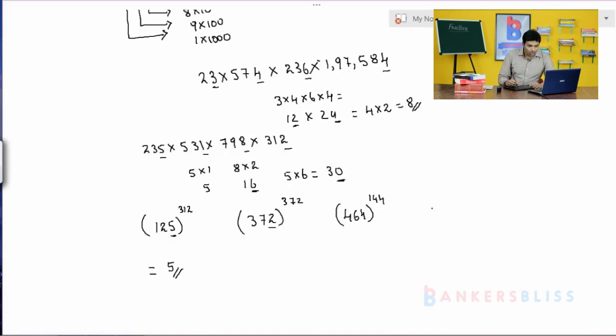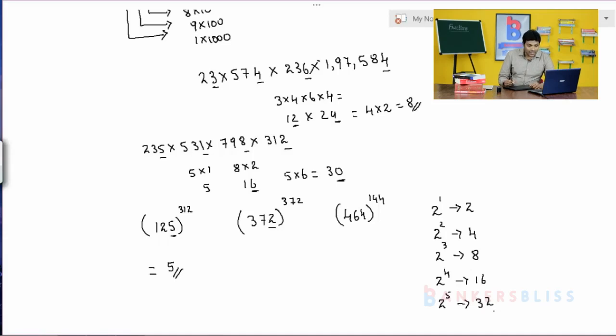See here, 2 to the power 1, you are going to get 2. 2 square, you are going to get 4. 2 cube, you are going to get 8. And 2 power 4, you are going to get 16. Next, 2 power 5, you are going to get 32.